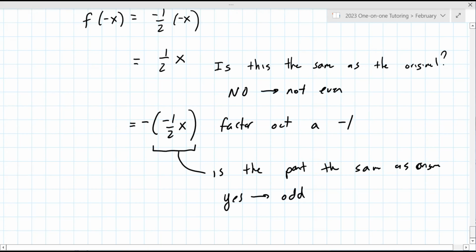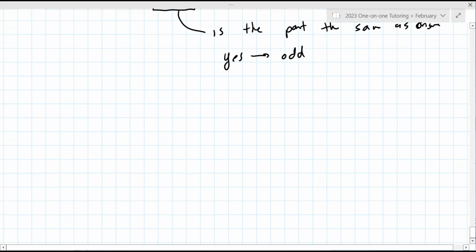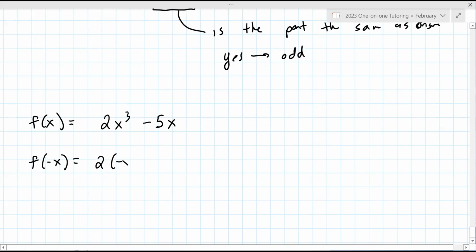So let me give you one that's kind of better, but it's beyond what you're doing in this part of the course right now. Let's say it's 2x cubed minus 5x. So you first try f of minus x. So 2 times minus x cubed minus 5 times minus x.